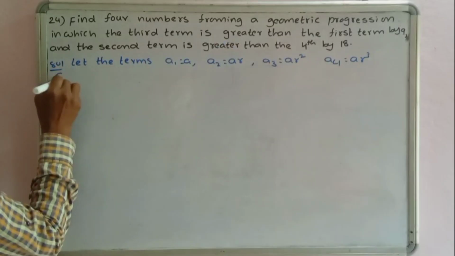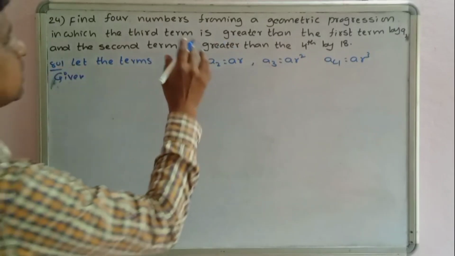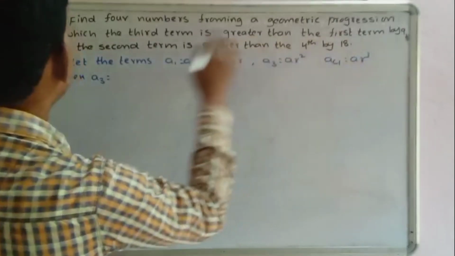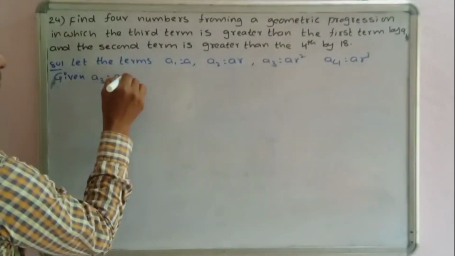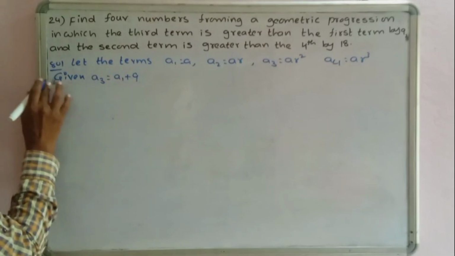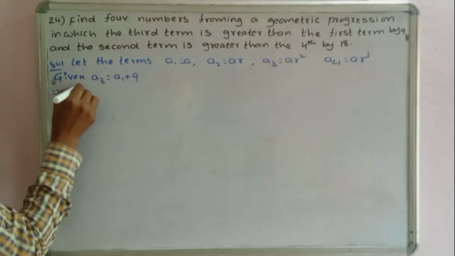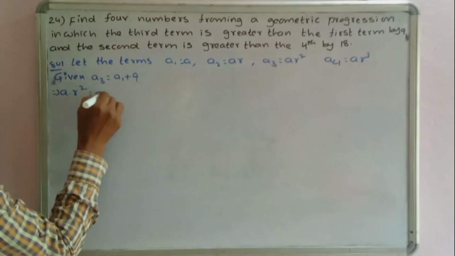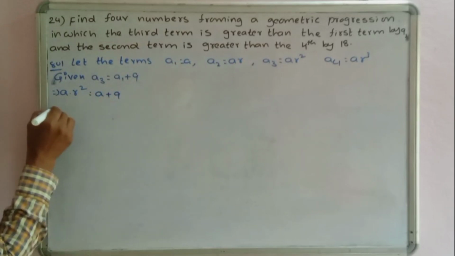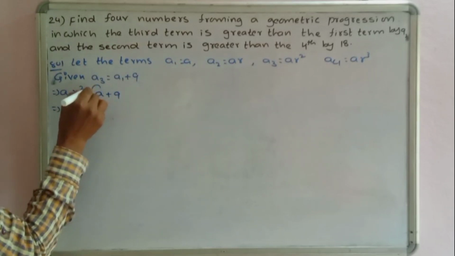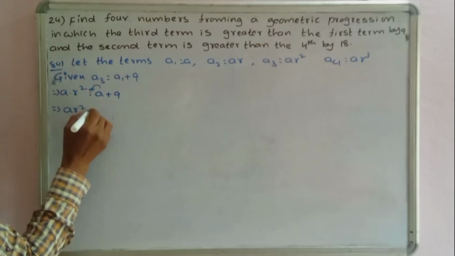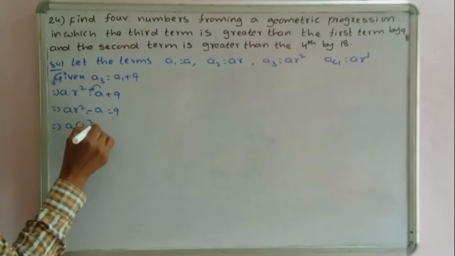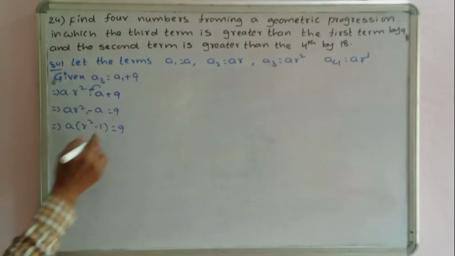The third term a3 is greater than the first by 9, so a1 plus 9. Here a3 means a times r square equals a1 plus 9, that is, a plus 9. So ar square, transposing a to the left side, minus a equals 9. Taking a as common, a times (r square minus 1) equals 9.